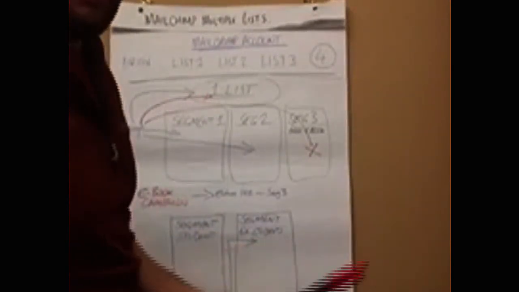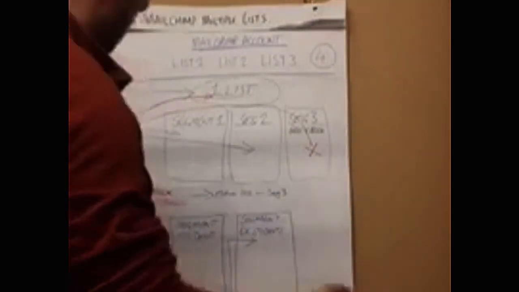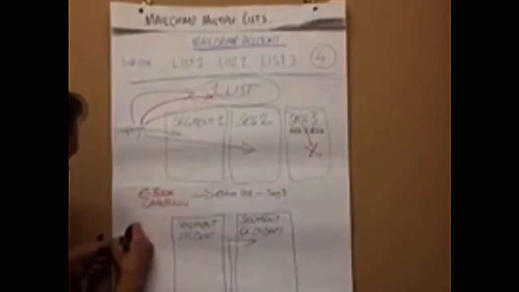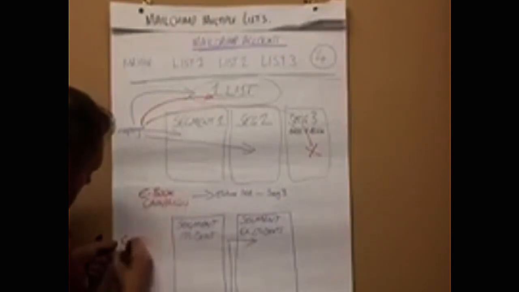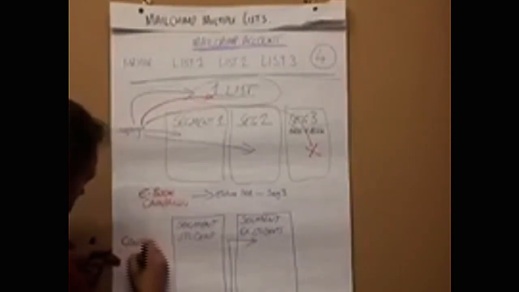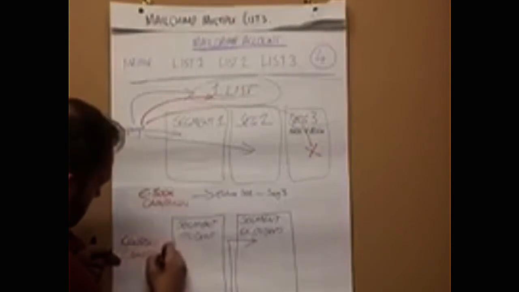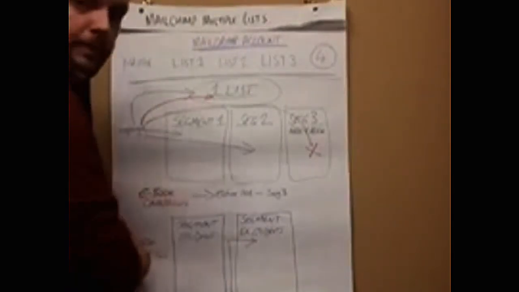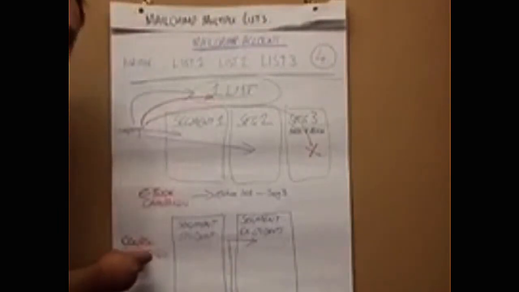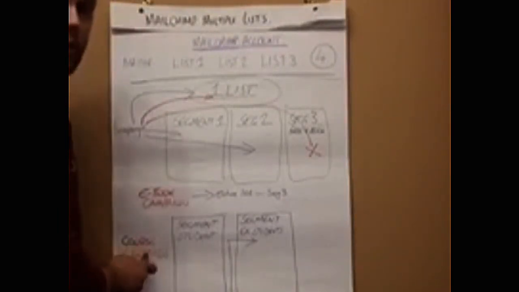And then again, if you are pitching your course to your email list, so you send out a course campaign, then when you send that campaign out, you want it to go to people that it might be relevant to on your list.